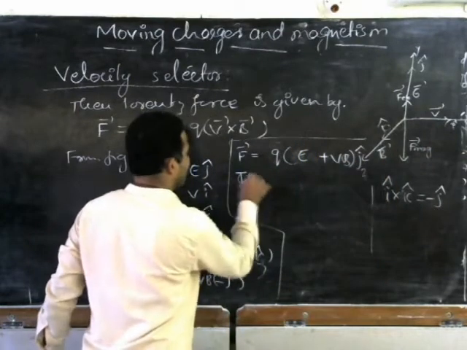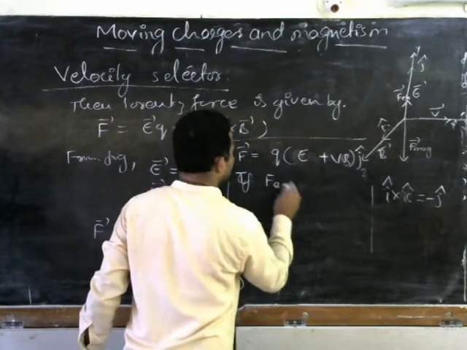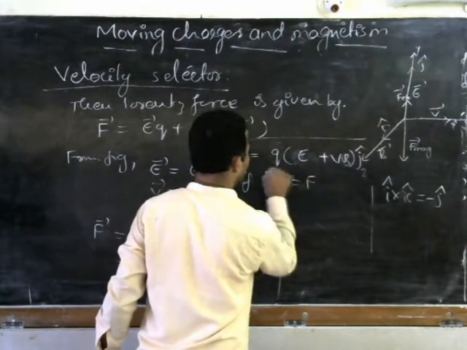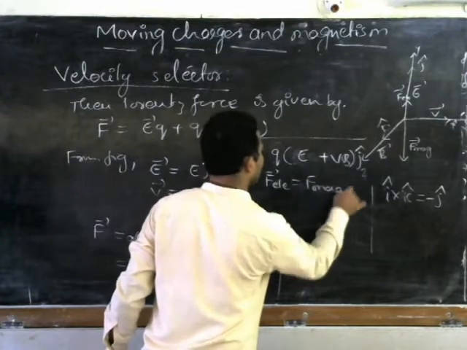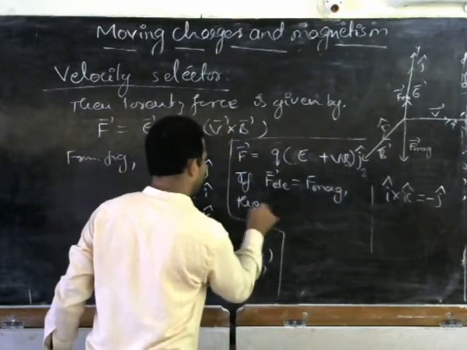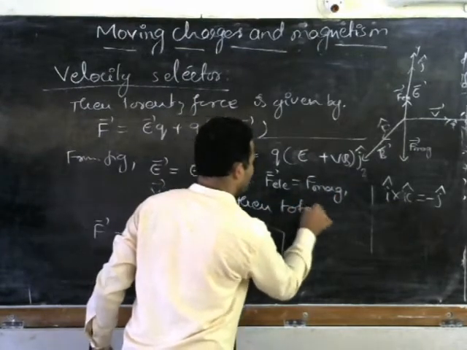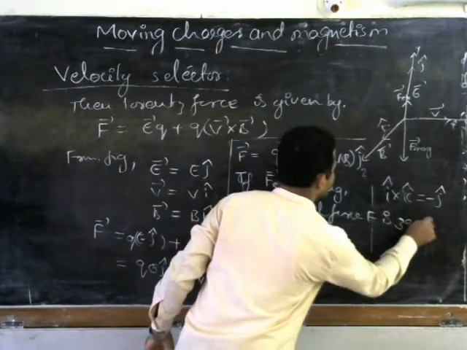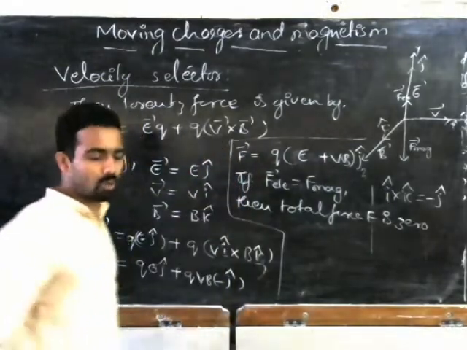So I am directly writing that if the force due to the electric field is equal to the force due to the magnetic field, then the total force F is 0. F will be equal to 0.